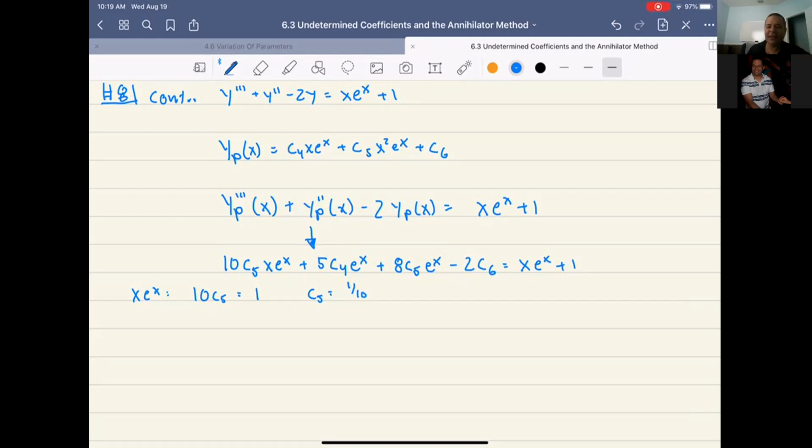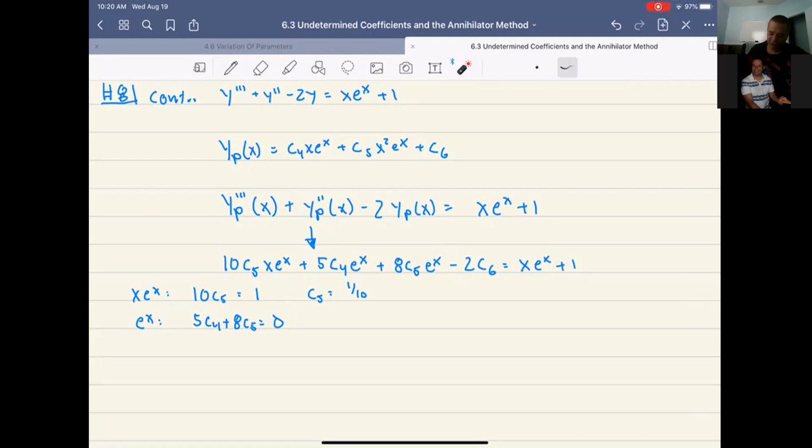Now let's look at the e to the x terms. For e to the x, we're going to have 5 c4 plus 8 c5 equals 0, because there's no e to the x term on the right-hand side.